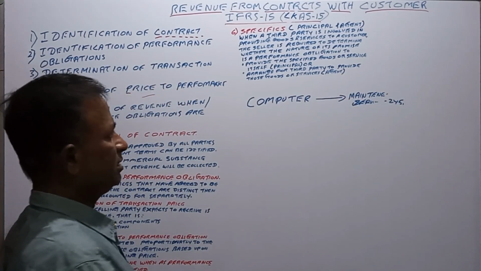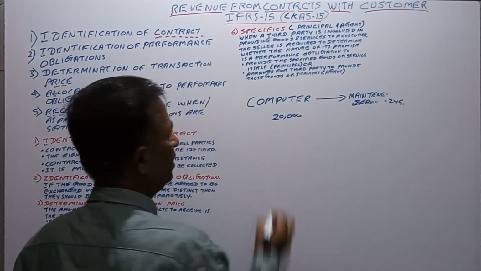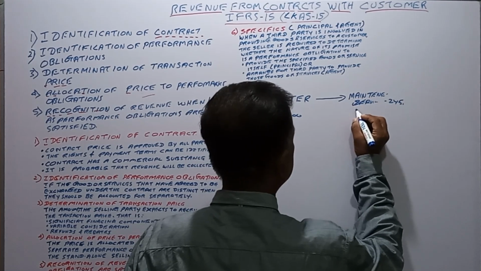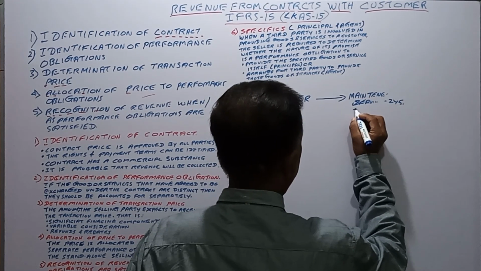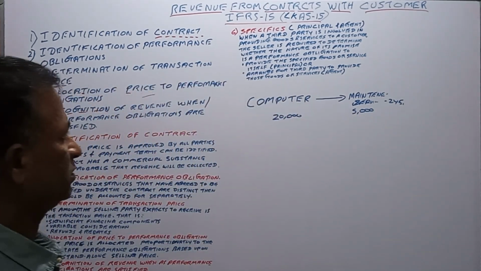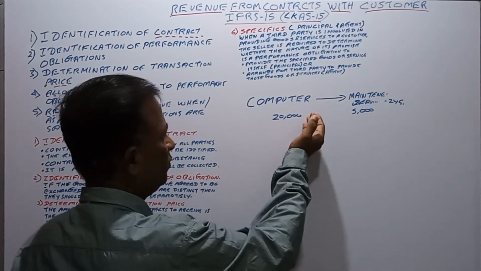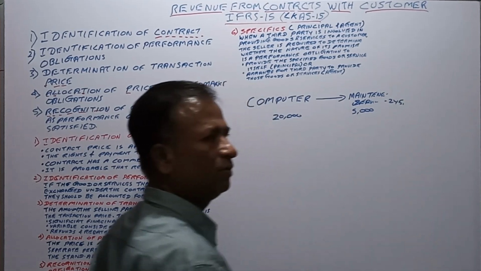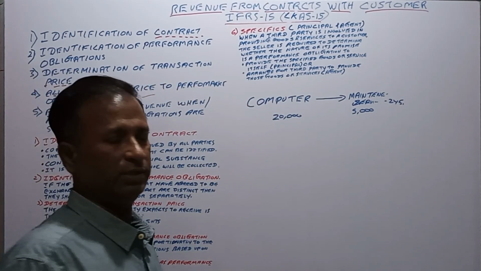You can purchase the computer for 20,000, and maintenance for 2 years for 5,000. Computer for 20,000, maintenance for 5,000, but for 2 years.